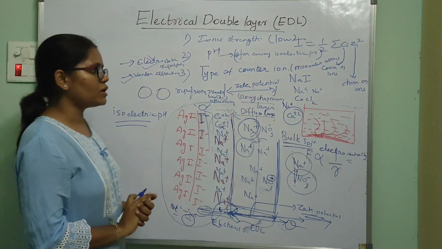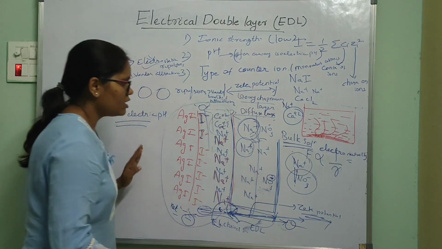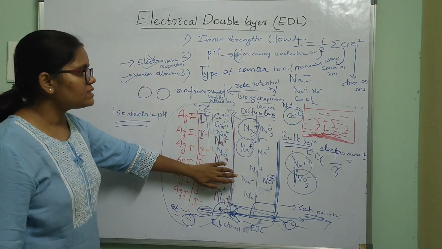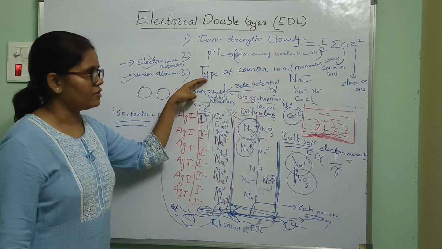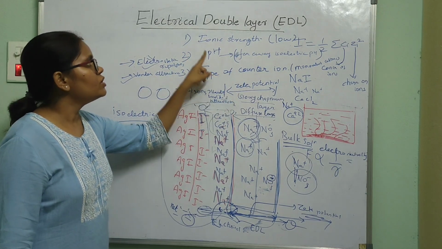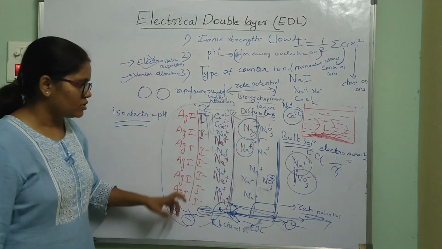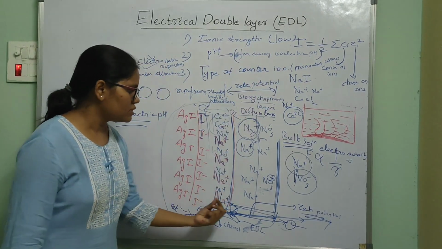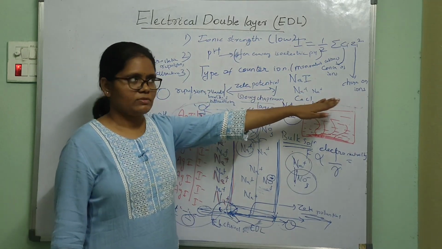So if you want the colloidal solutions to be stable, you have to maintain this electrical double layer, and this electrical double layer depends upon three factors: ionic strength, pH and type of counter ions. If the ionic strength is low, the zeta potential will be higher and your colloid will be stabilized.